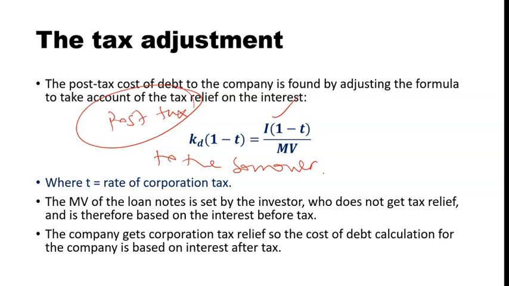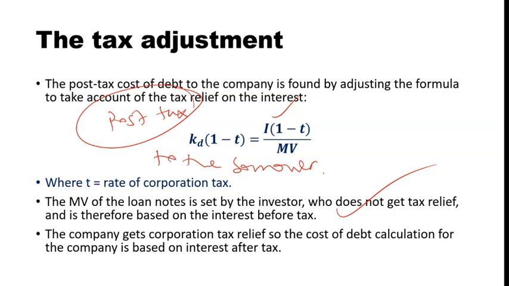The market value of the loan is set by the investor who does not get tax relief and is therefore based on the interest before tax. So those who lend us money do not enjoy the tax relief we are allowed to enjoy as borrowers.